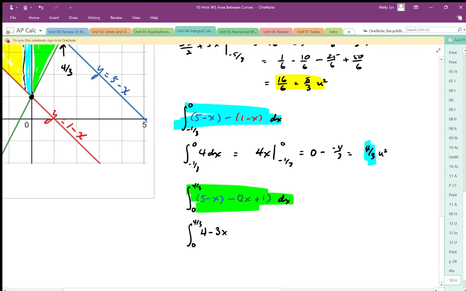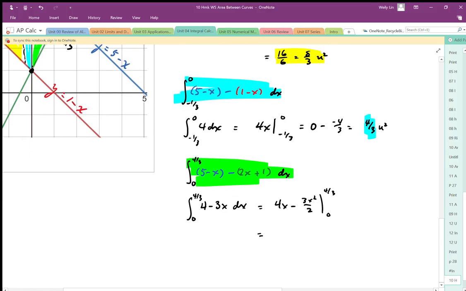Let's just make sure I got that right. It's going to be the blue line minus the green line. Yeah. And we're going to multiply that by dx. So working that out, we end up with 4x minus 3x squared over 2 from 0 to 4/3.